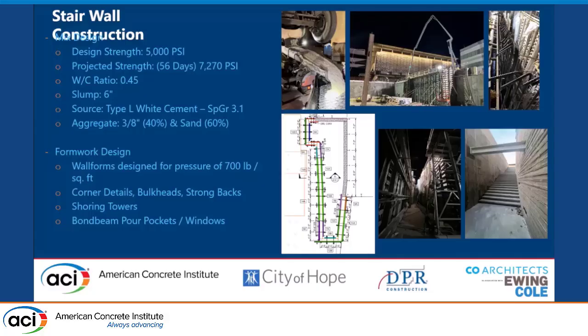We worked on mock-ups to make sure we were able to achieve that color and the board form look. Then we had to get formwork designed, especially with the radius. There were a lot of bulkheads, strong backs, and shore towers, and especially with that bond beam, it was so congested we had to hit pockets in order to fit the hose.